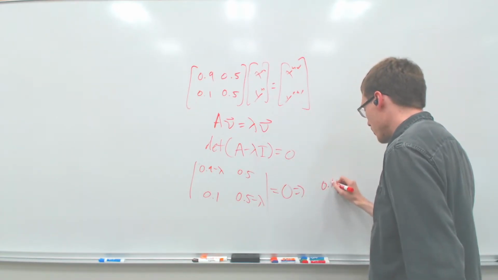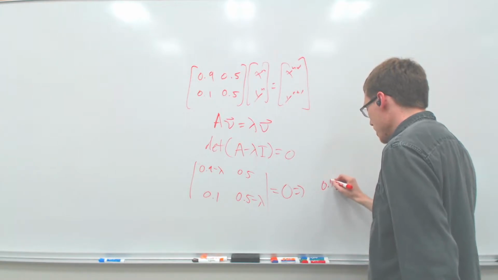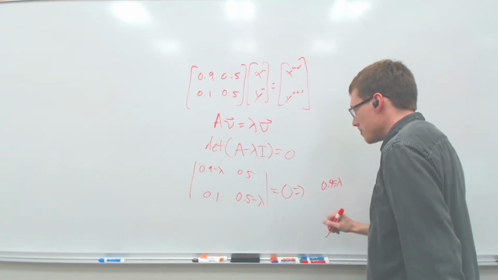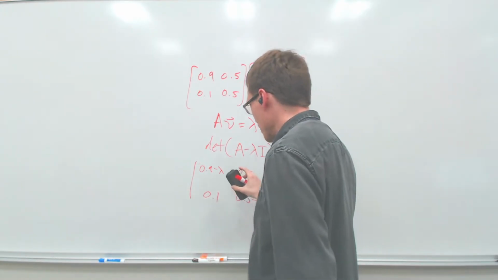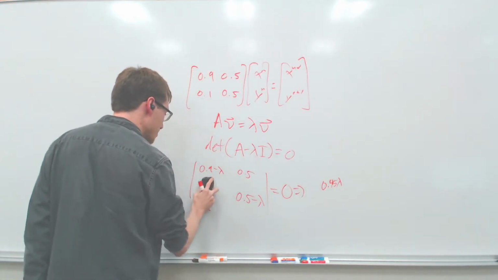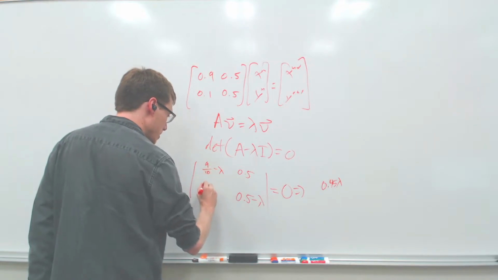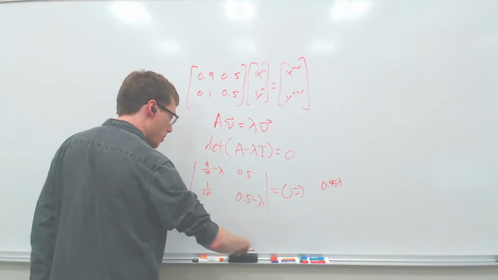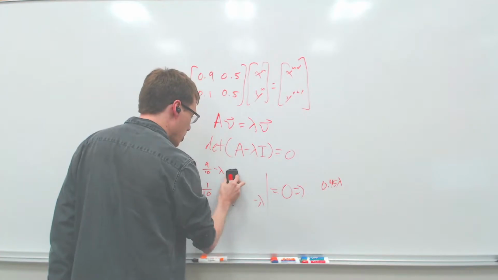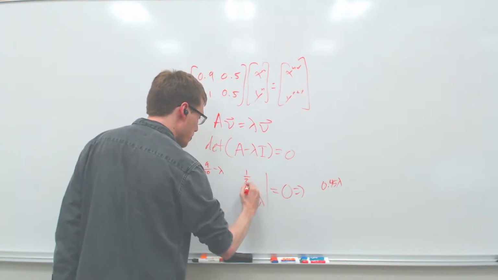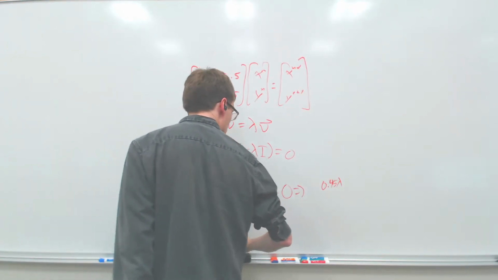So we get 0.45 lambda. This probably would be easier if I convert these from decimals to fractions, just for simplicity's sake: 9/10, 1/10, 1/2, and 1/2. That'll probably make the math a little bit easier. All right.